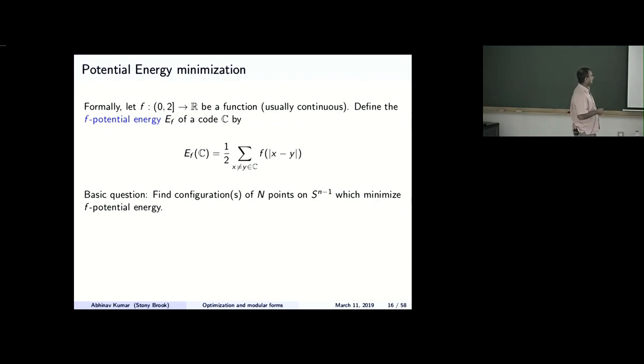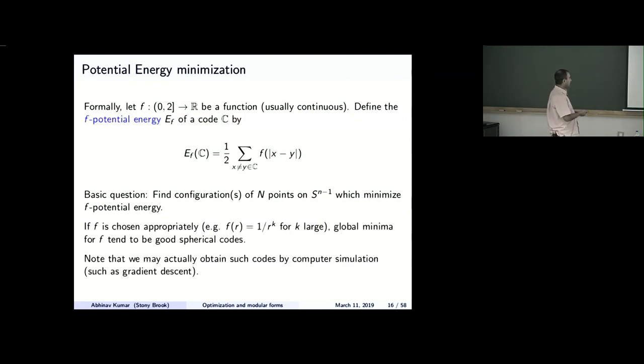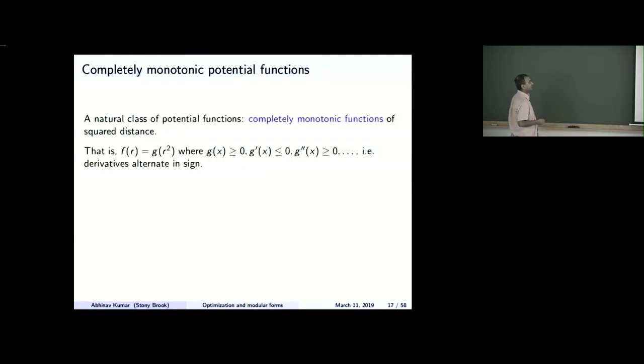And the basic question there is to fix the number of points and find the configuration which minimizes potential energy for any given potential function. And if you choose f appropriately, then the global minima turn out to be good spherical codes. And you can get them, just as I showed you, by gradient descent on the space of configurations.